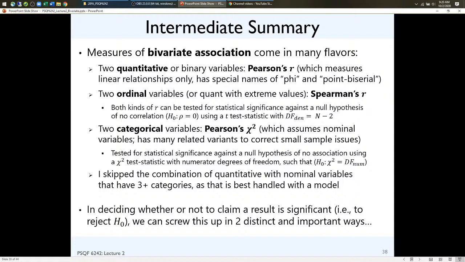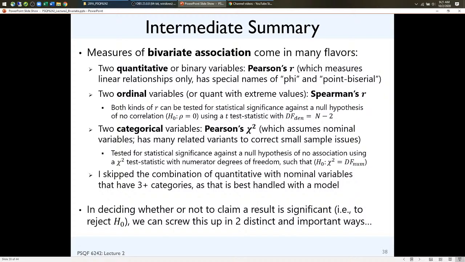Pearson's chi-square needs numerator degrees of freedom for the number of cells in the contingency table that you need to know before you can figure out what all of the other cells must be given the marginal row and column totals. It does not use denominator degrees of freedom with respect to sample size, and so there are various alternatives to Pearson's chi-square, such as exact tests that pay attention to small samples.